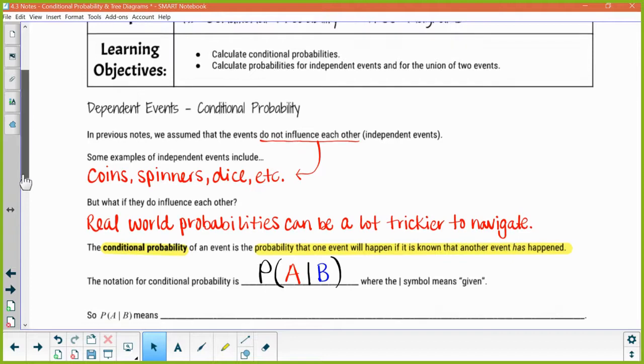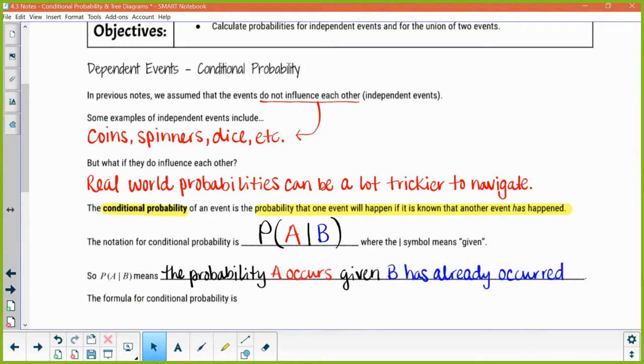So the probability of A given B is read as the probability A occurs given that B has already occurred. Every time you read these, the second statement, sometimes it's B given A, is the event that has already happened. That's the given that this has occurred.